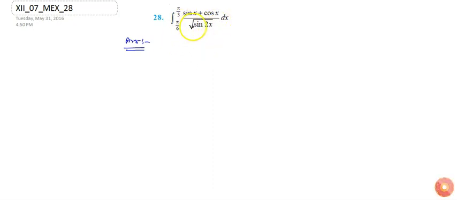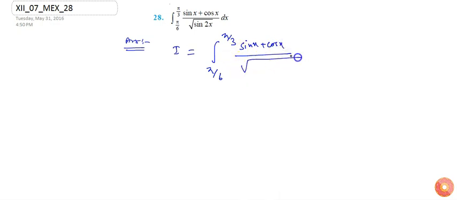Here in the question we are given the integral of (sin x + cos x) by root sin 2x dx, which is sin x plus cos x by, let's say, root of 2 sin x cos x, and it is dx.